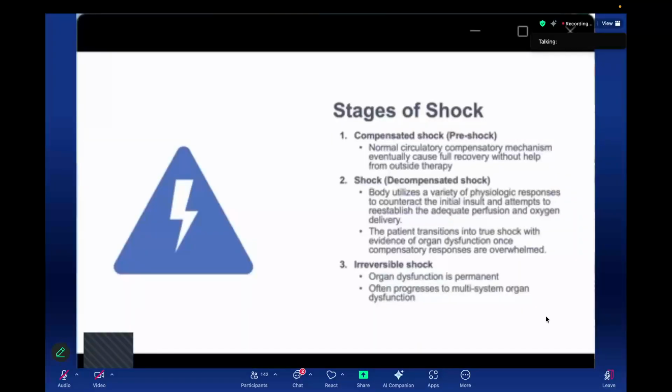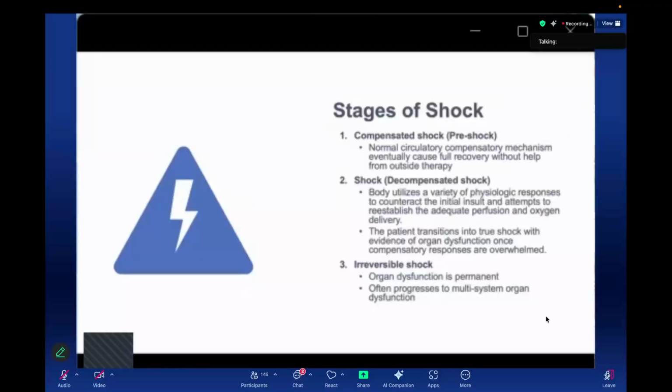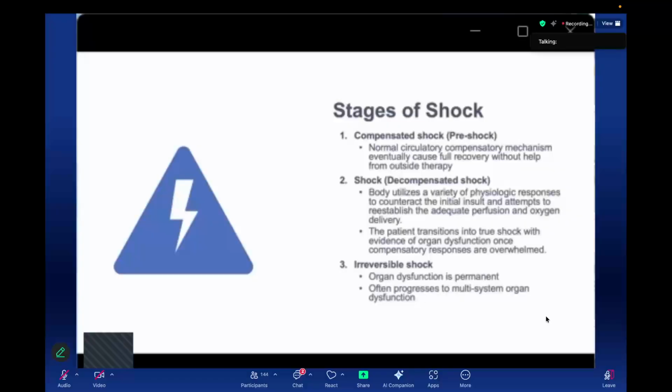Your patient transitions into true shock with evidence of organ dysfunction once your compensatory responses are overwhelmed. Then eventually, if the shock is already decompensated, it would lead to irreversible shock wherein mortality is very high, or there will be organ dysfunction that is permanent and very difficult to reverse. Most of the time, it's irreversible, and it often progresses to multi-system organ dysfunction.